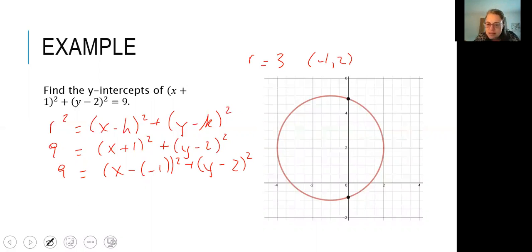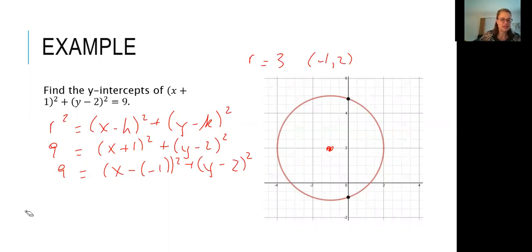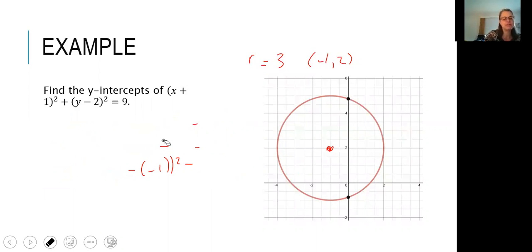Does that make sense? Negative 1, 2. Yeah, that kind of looks like the center of the circle. I'll take that. That's not absolutely necessary for solving this problem, but that's okay. It's good to know. So we now understand what we've got: a circle centered at the point negative 1, 2 with radius 3.